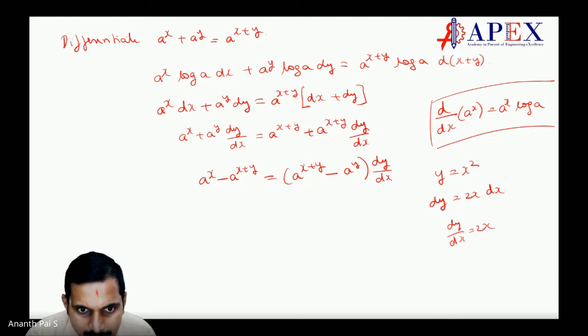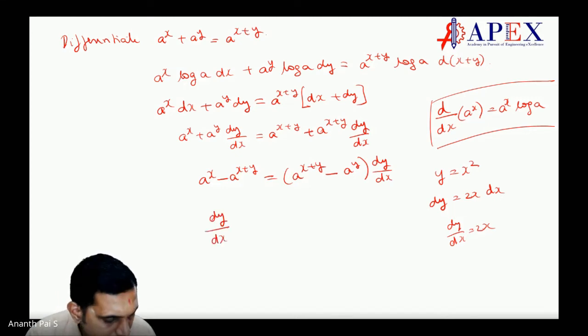So let us take this. So dy by dx can be written as a power x minus a power y minus a power x.